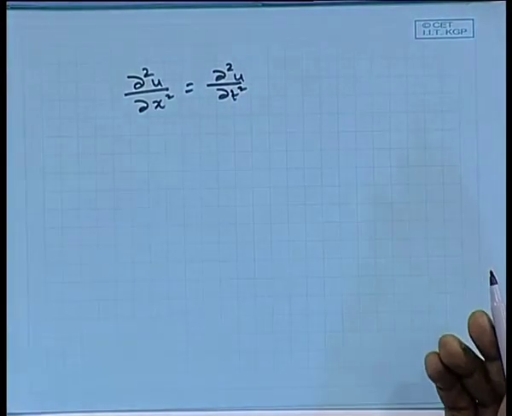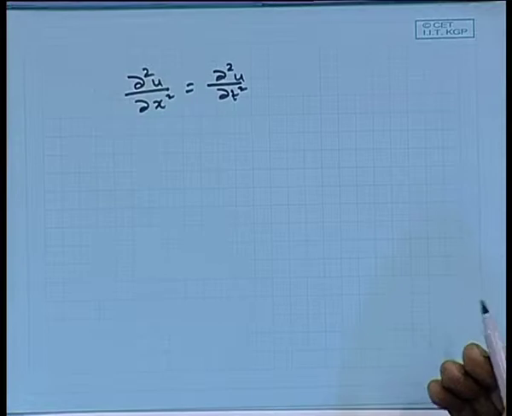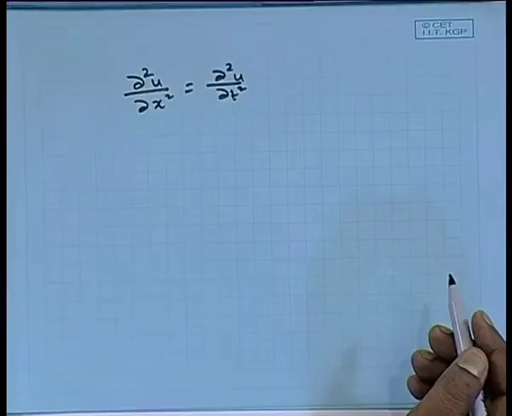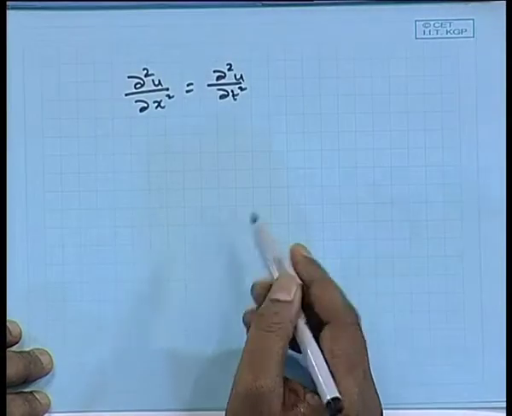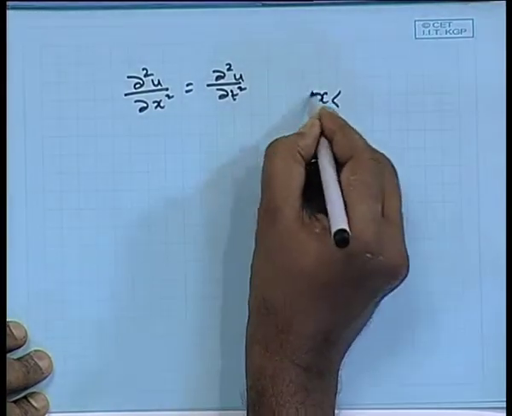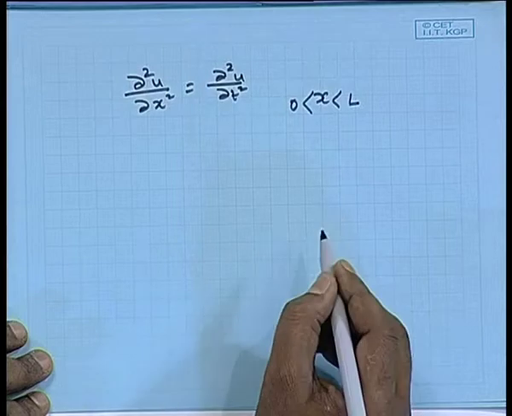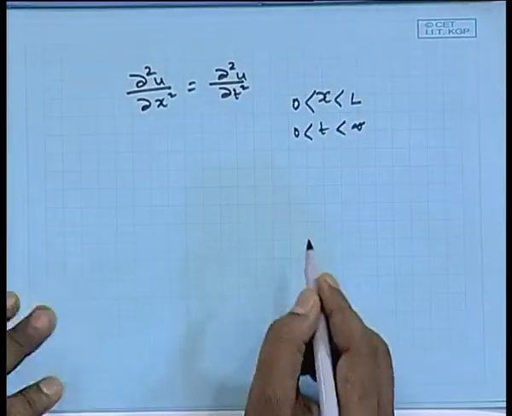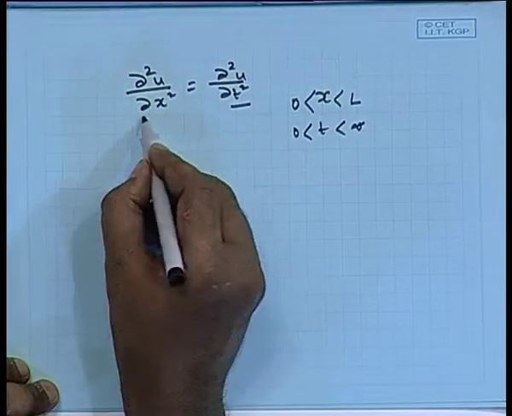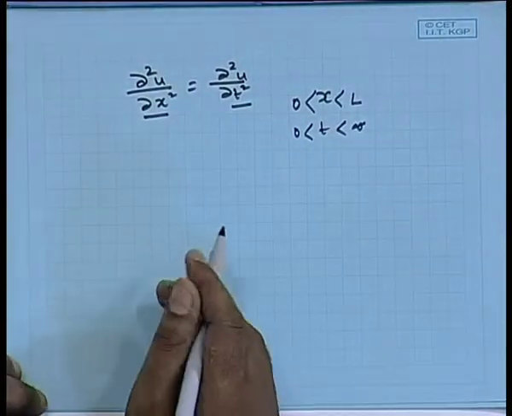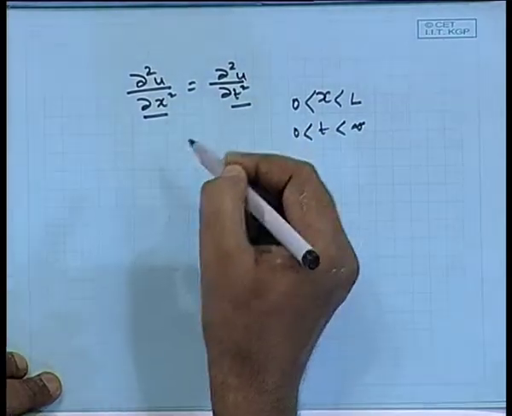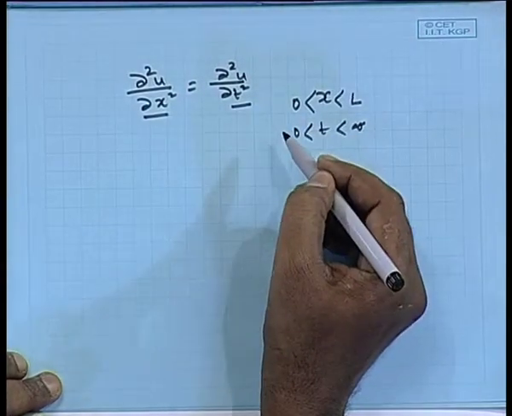In some applications, maybe heat transfer, maybe mass transfer, or something else completely different, you may be facing this type of equation where the domain of x is from 0 to L and t is from 0 to infinity. This is basically time and this is x. Let us say this is transient, a hyperbolic partial differential equation.